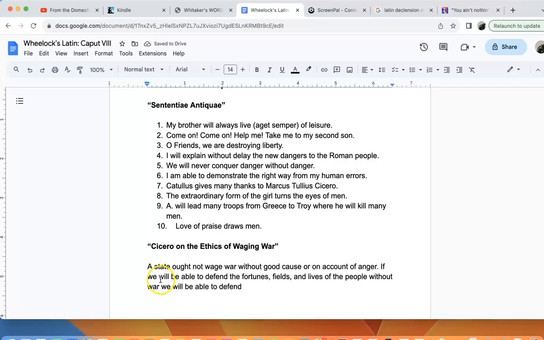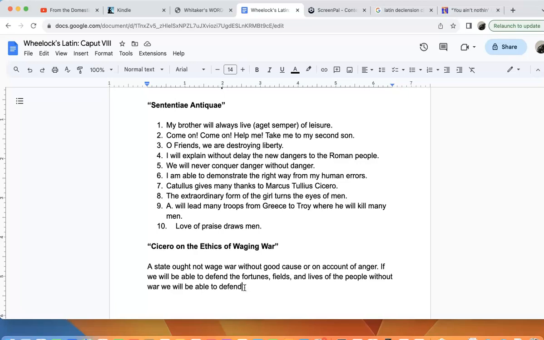Notice that English would probably say if we can defend, because English has an implied future tense, but we need to put it in the future tense because Latin tenses are more precise than English. And so for a Roman, they would not put it in the present tense, so we need it in the future tense. So a state ought not to wage war without good cause or on account of danger.